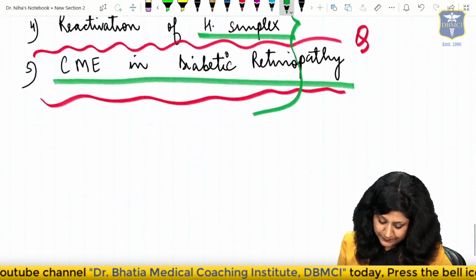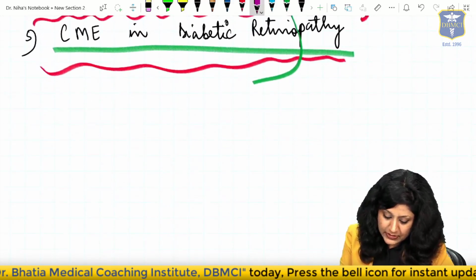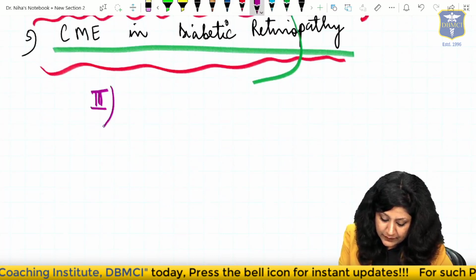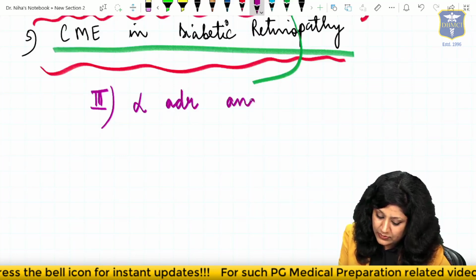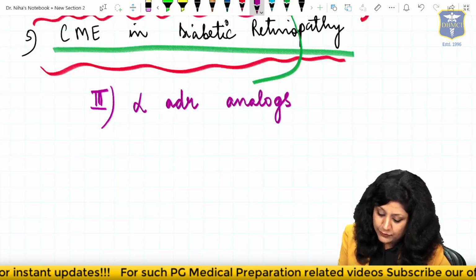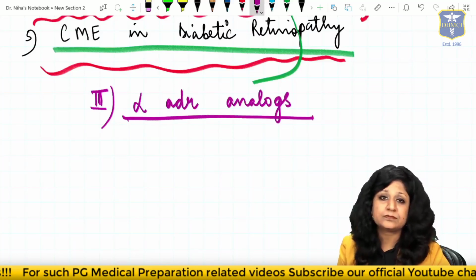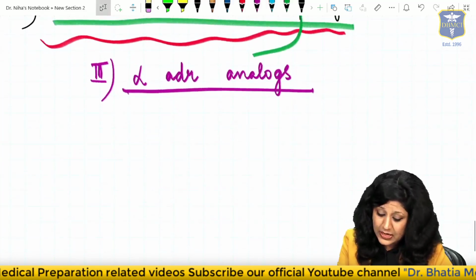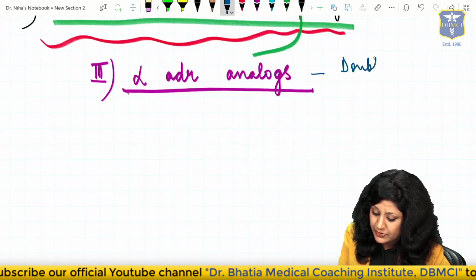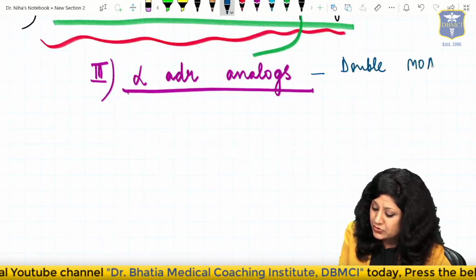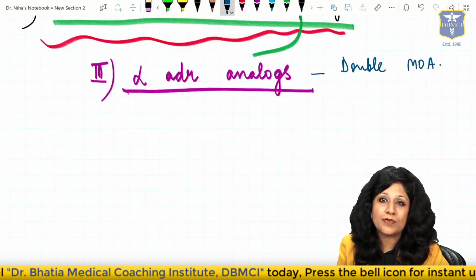Okay. Now coming to the next set of drugs, the third one, that is the alpha adrenergic analogues, right. Now these are the drugs which actually show the double mechanism of action.